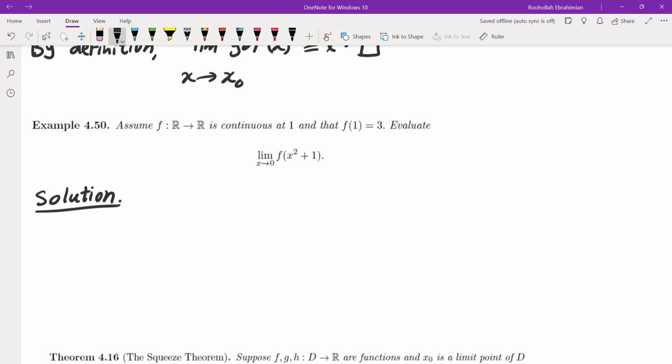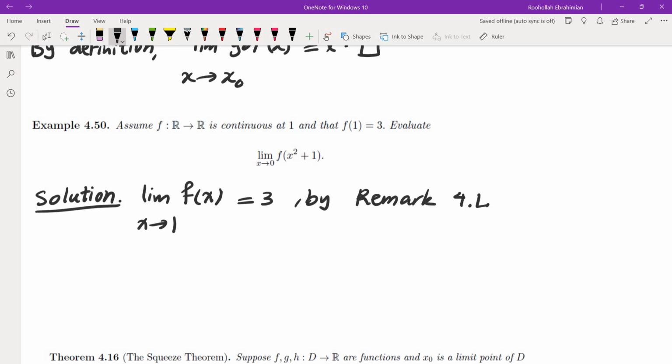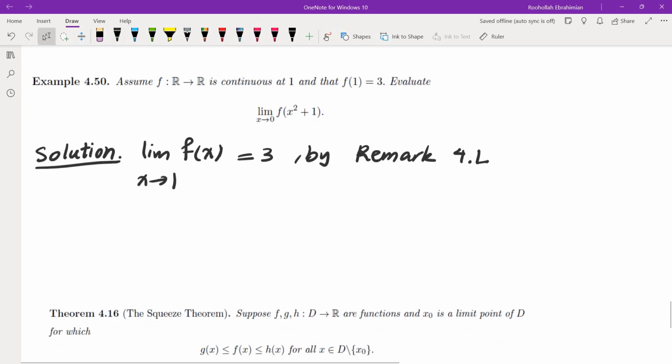They told us that f of 1 is equal to 3. So that does tell us that the limit of f of x as x approaches 1 is in fact equal to 3, by the remark that we talked about, 4.1, because it's a continuous function.